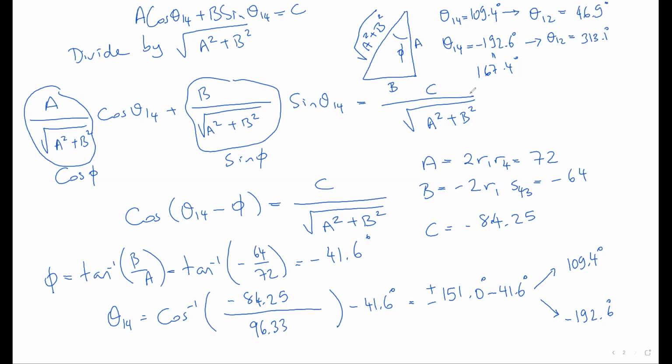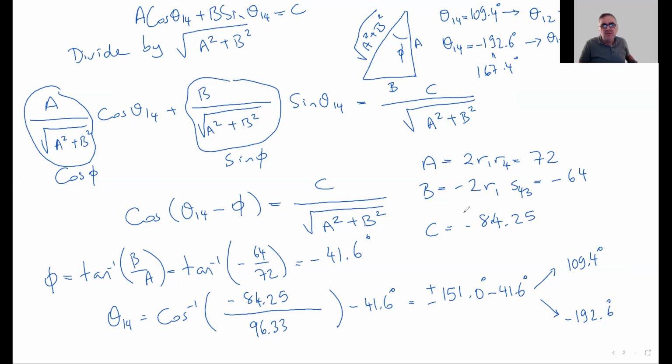Hocam, we found phi as negative, and it says theta 1,4 minus phi. We should write plus 41.6, I guess, to the equation of theta 1,4. Why did we write minus again? Because minus minus is plus. I don't understand.